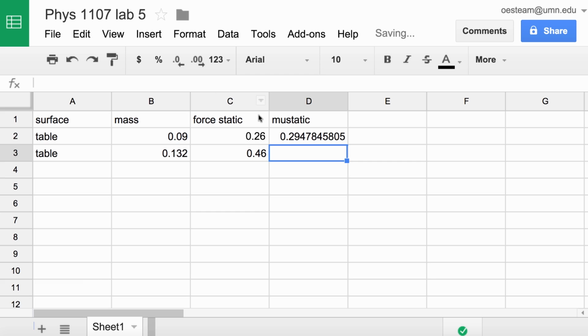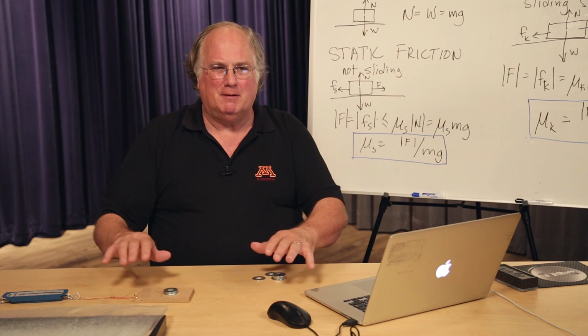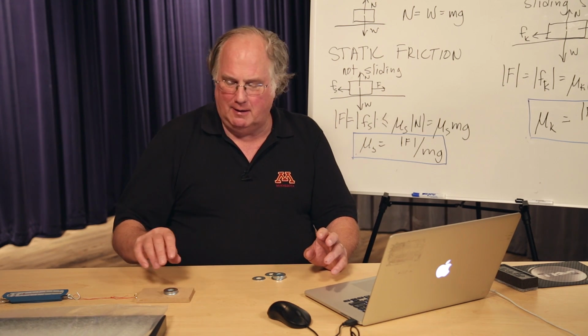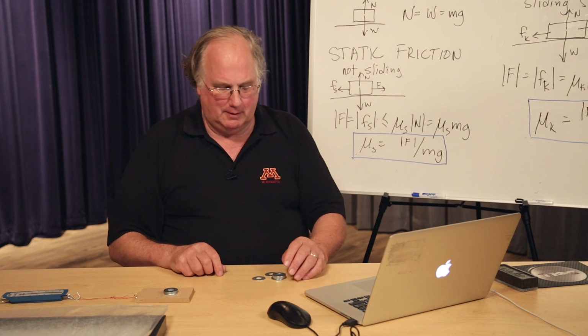What kind of mu static do we get for that number? Let me drag down that. We get 0.355, so it's a little bit larger. Why is it different? Well, basically these friction experiments don't repeat very well. The tabletop gets a little damper or a little less damp all the time. It's a good idea to do several of them and measure the same thing.